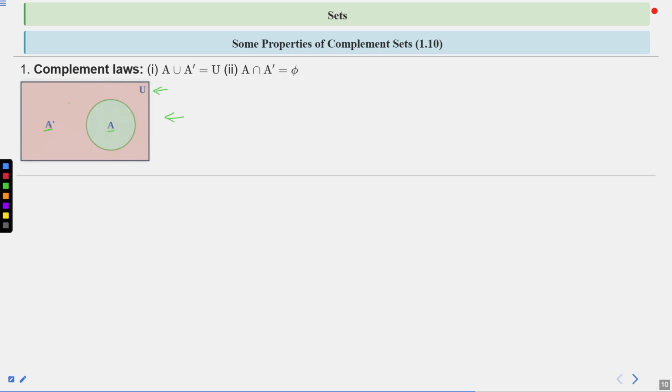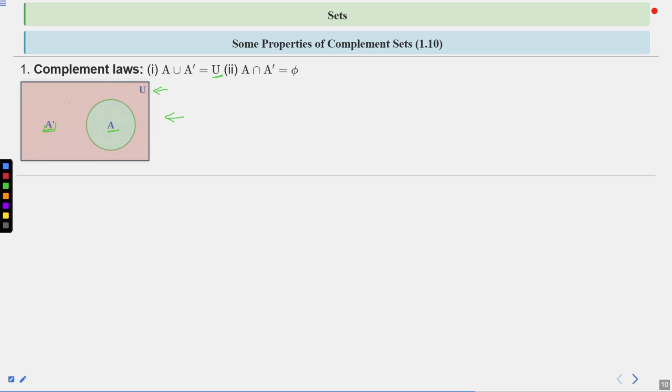Clear? Now as you can see, if you union both the sets, A complement as well as A, meaning you shade the green as well as the pink part using some red color, you will observe that the complete rectangle is shaded. The complete rectangle represents your universal set.